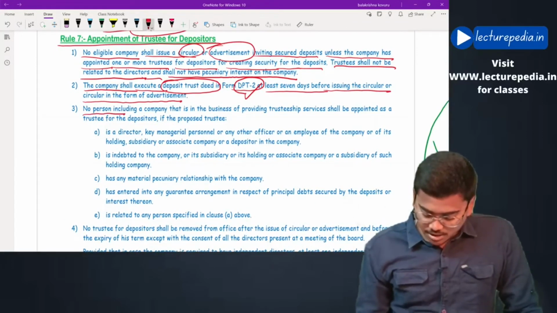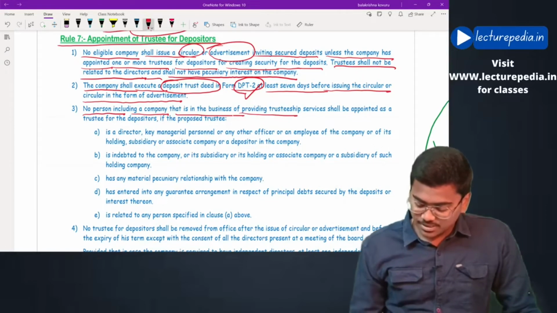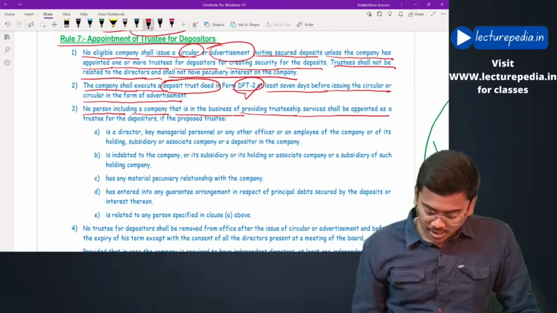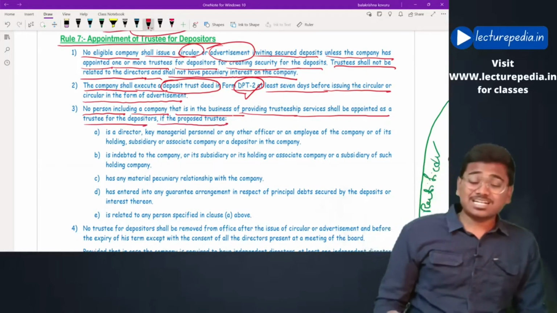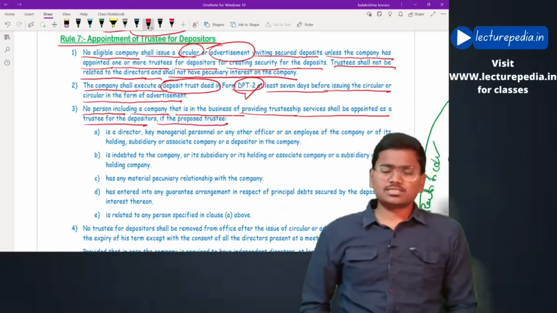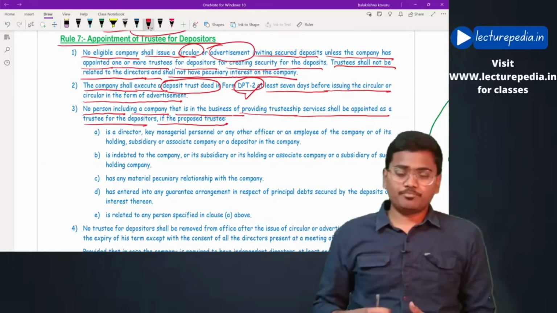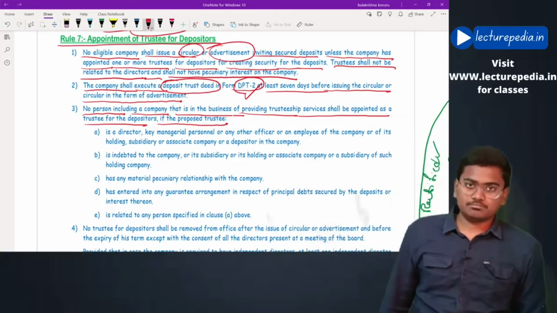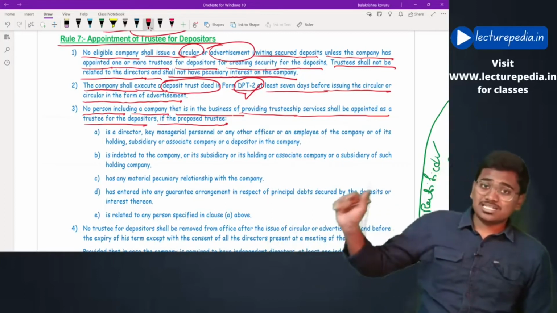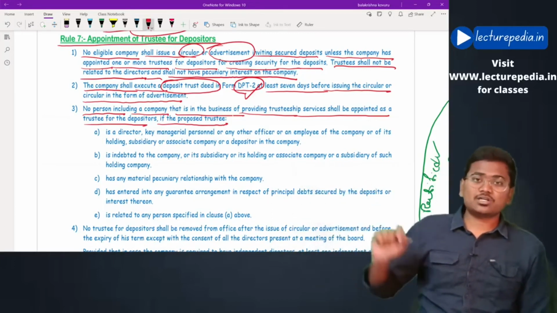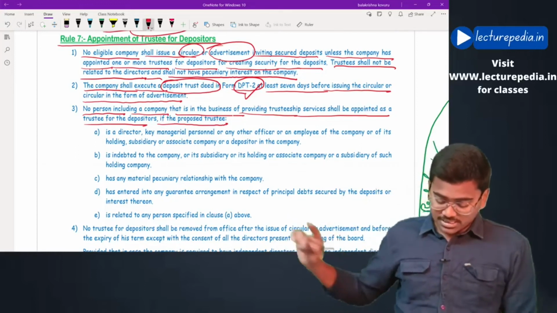Next, no person including a company that is in the business of providing trusteeship services shall be appointed as a trustee for depositors if the proposed trustee is... See, basically I have told you that there is a list of around 350 entities from whom you can select the trustee. Now there are certain conditions for the selection of the trustee. What are those conditions?